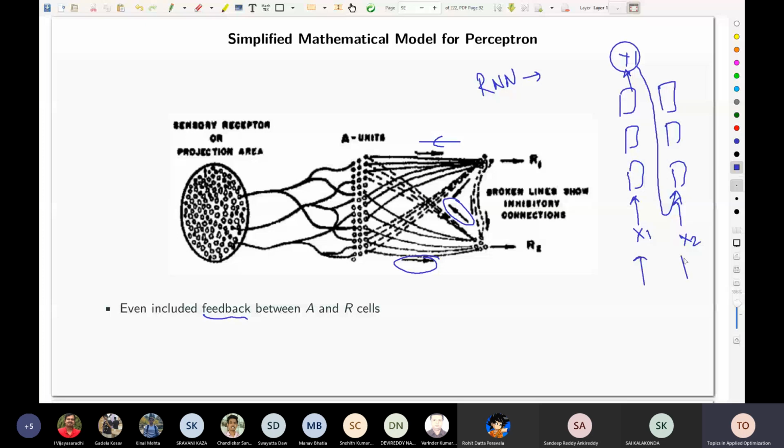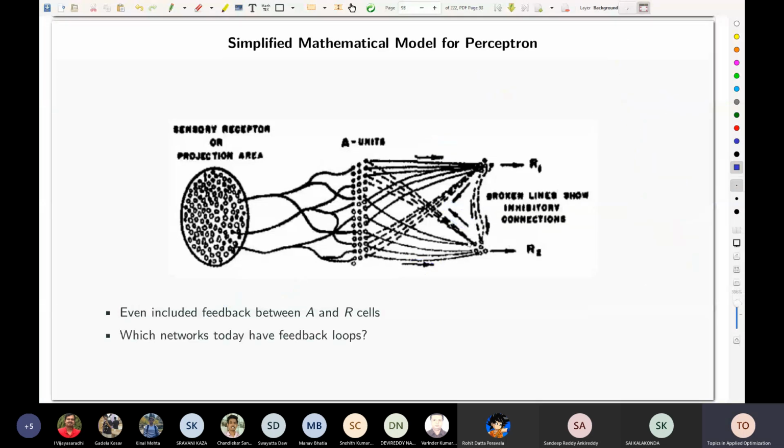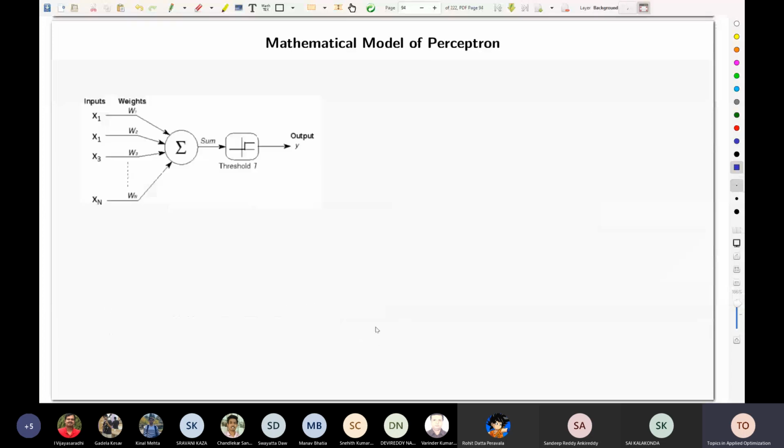This is just a different timestamp, but it's basically the same network. So this idea of feedback is related to RNNs, and they already thought about this a long time ago, that it may be essential. Which networks today have feedback loops? These are RNNs, like I said.